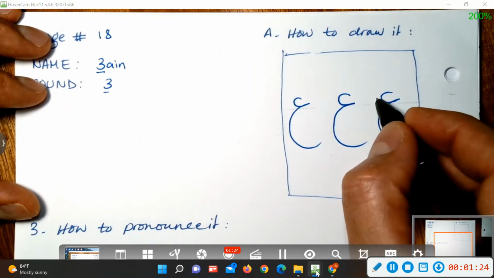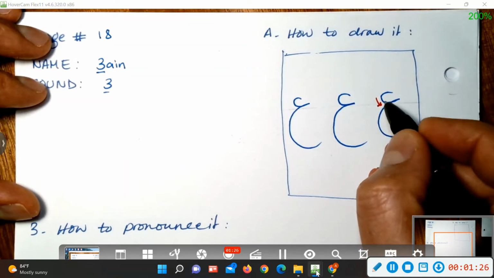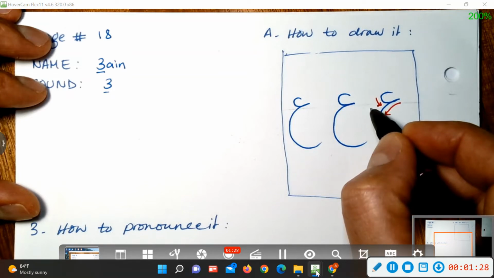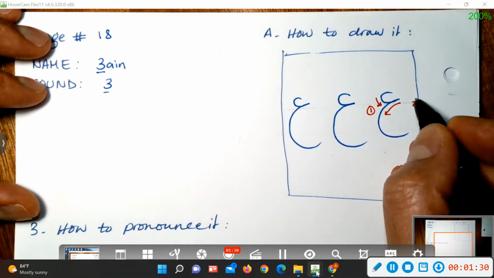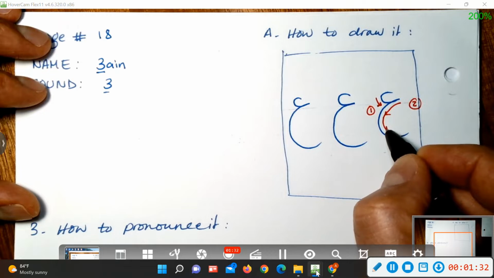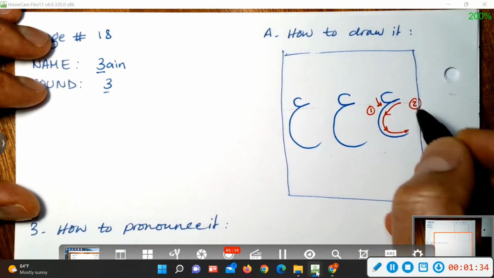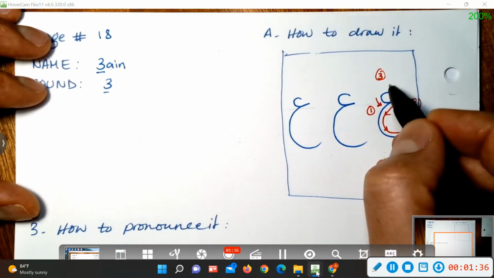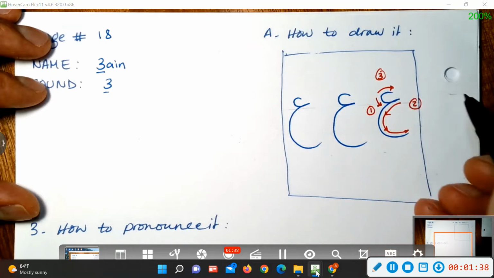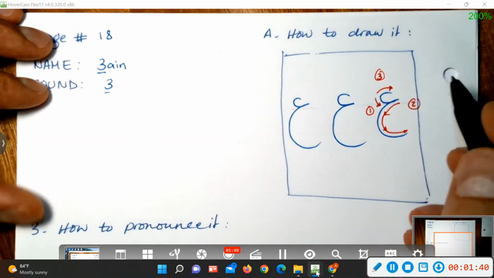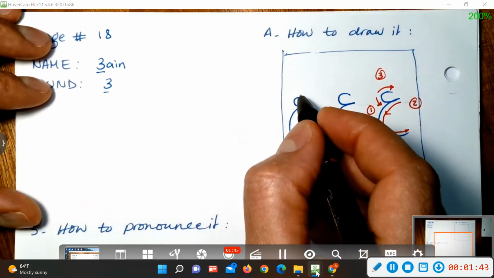So we have two ways. Either we start from here, and then this is 1, this is 2, and then 3 is to go this way. 1, 2, 3. Or just one shot.